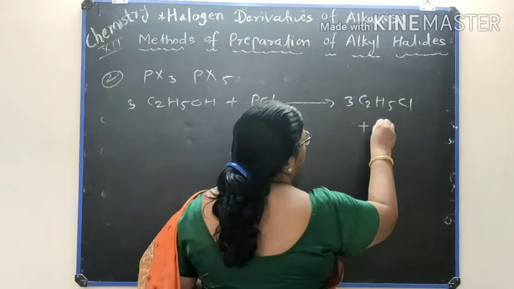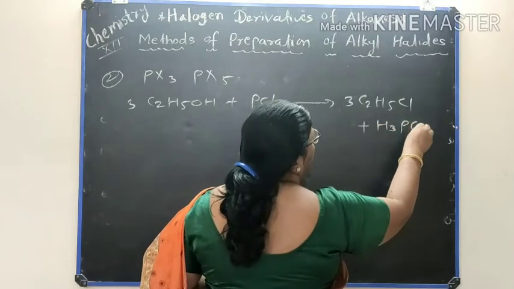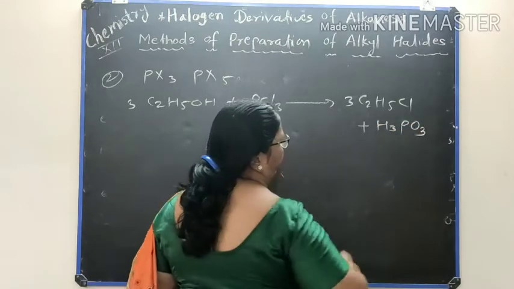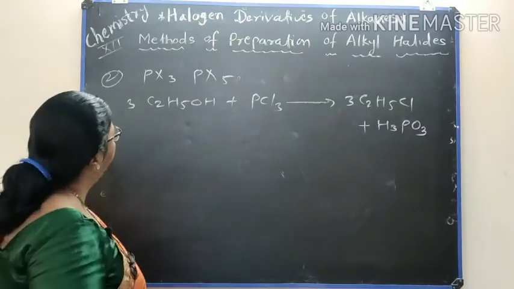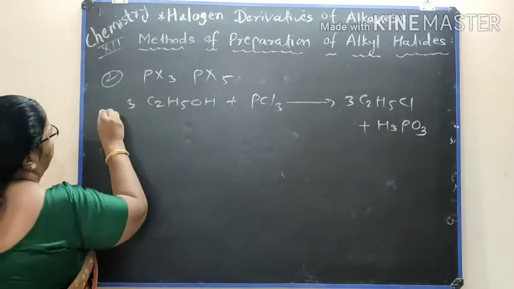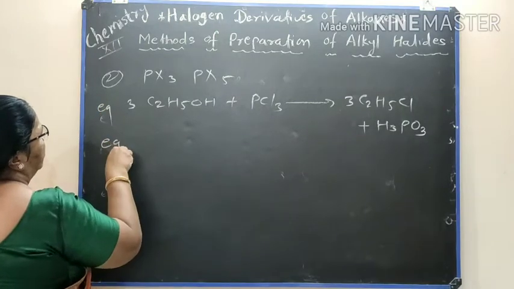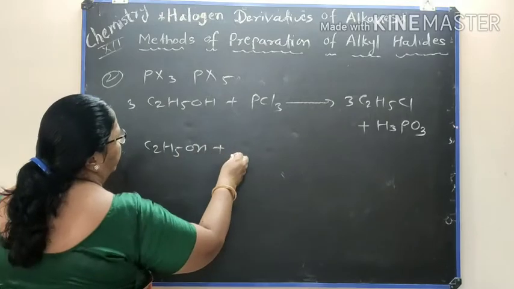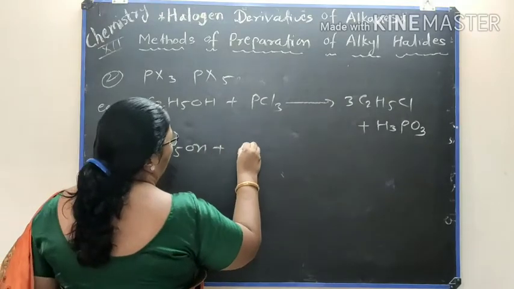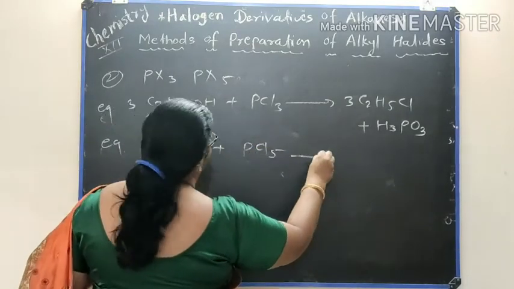phosphorus acid, that is H3PO3. Again next one, example, ethyl alcohol is treated with phosphorus pentachloride.